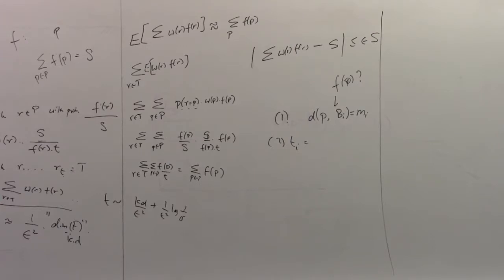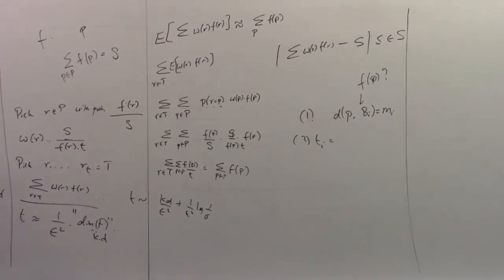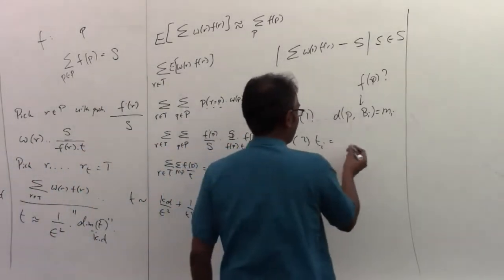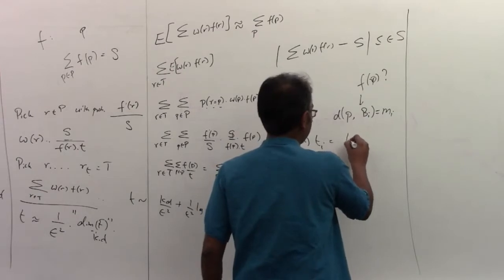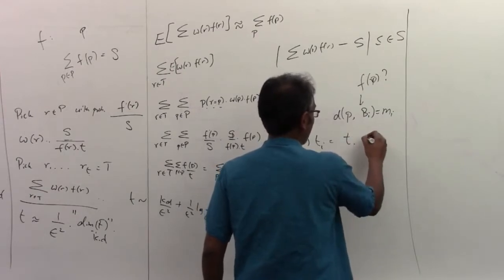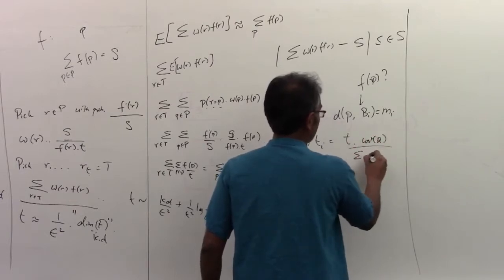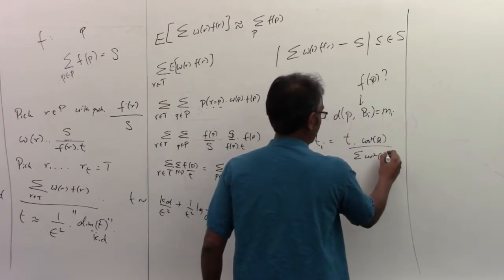The total number of points I want to sample is T. If I had some global data set and I wanted to sample points, this is what I would sample. Each piece has its own little patch of the data, and each patch has its own cost. So for each set, I'm going to sample a t_i, which is basically T times the fractional cost: the cost of B_i divided by the total cost over all servers, the sum of the costs of B_k over all k.